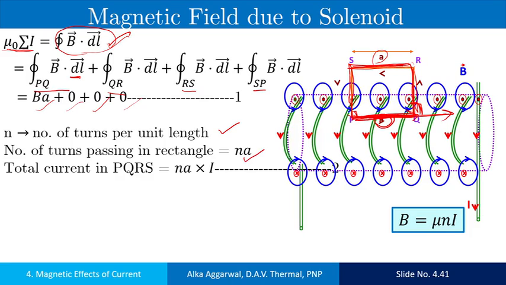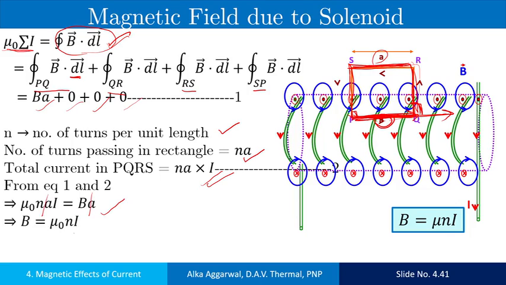And the current passing through each turn is I. So the total current through this rectangle is naI. Now equating equation number 1 and 2, this gives mu naught naI, and this one gives Ba. a cancels and it gives B equals mu naught nI.